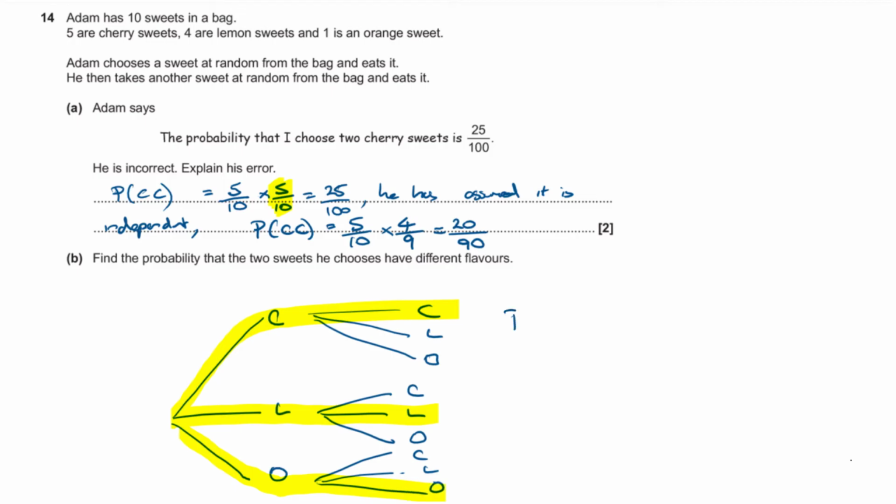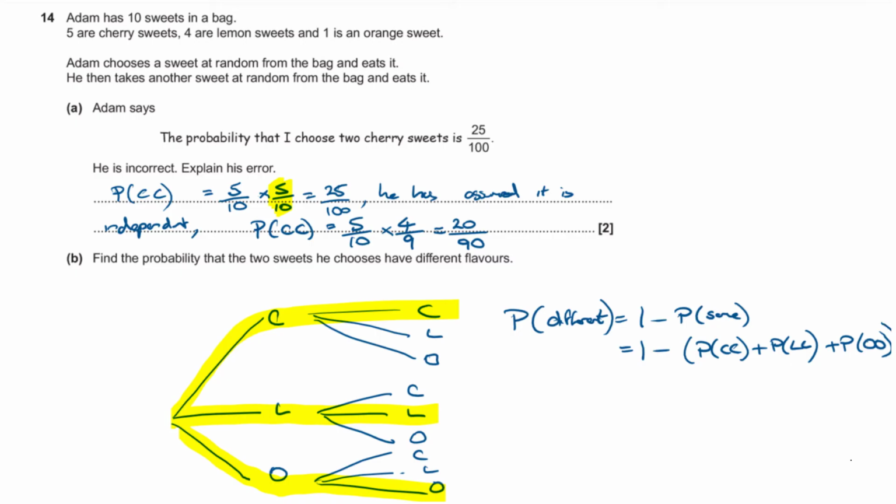So the probability of different is going to be 1 minus the probability that they are the same, which is 1 minus the probability of cherry plus lemon plus orange.